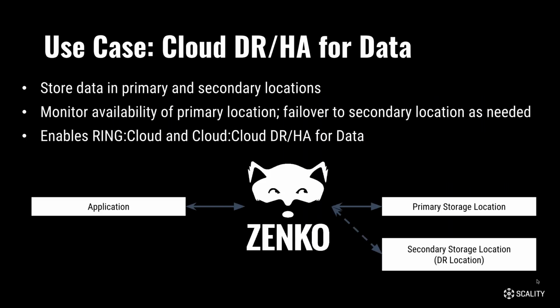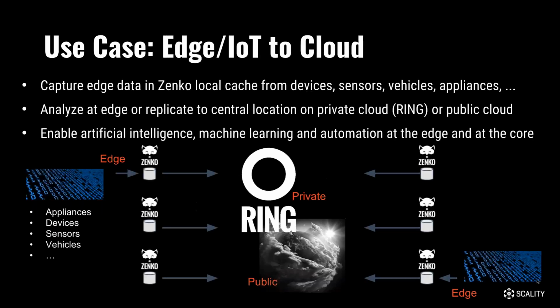And so we built Zenko to address specific problems. One of the simpler ones is to use Zenko as a way to replicate data in the cloud, in a secondary storage location, while your primary could be your own data center on premises, or one of the clouds. But you can use Zenko to replicate data from one application to another very easily.